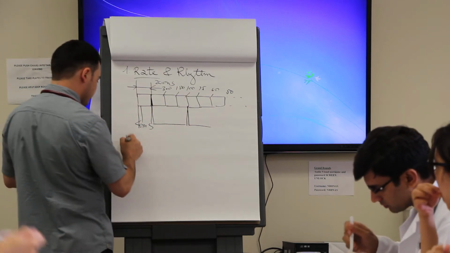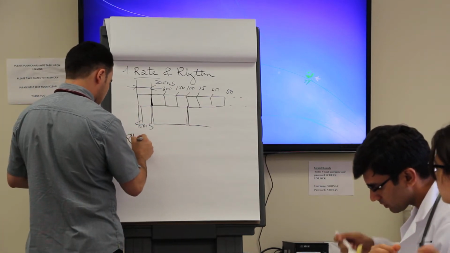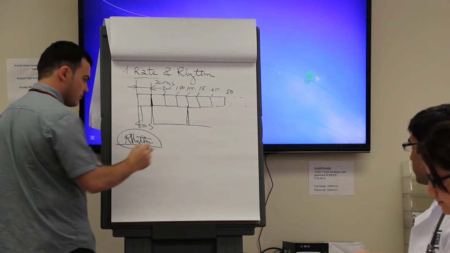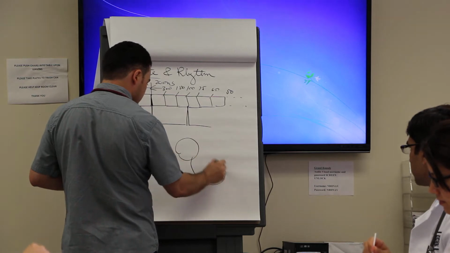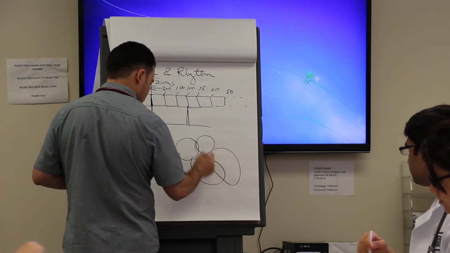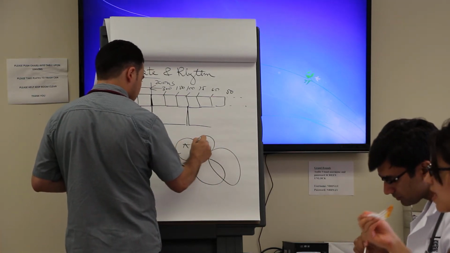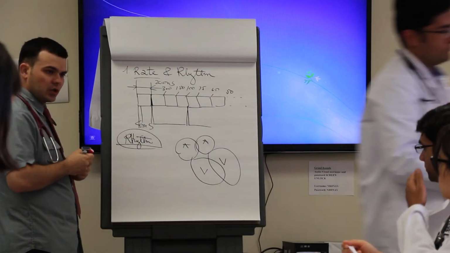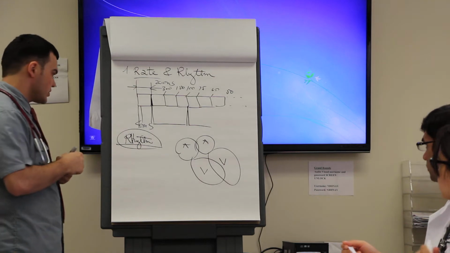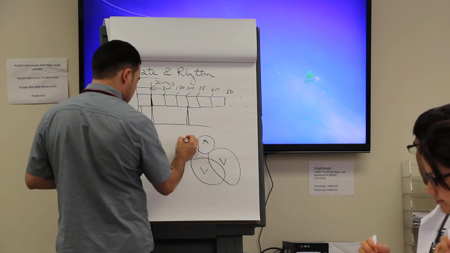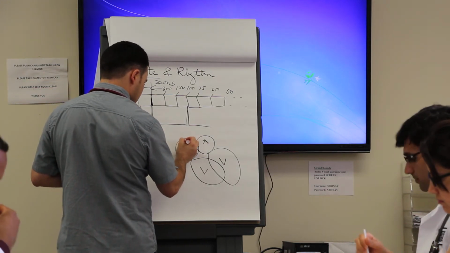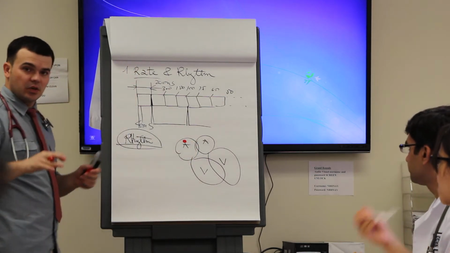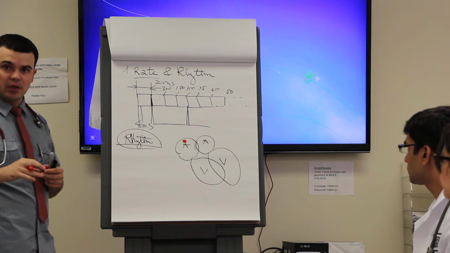Then the rhythm. Who's usually dictating the rhythm? These are atria, these are ventricles. So who's dictating the rhythm? The SA node, right? Because it fires at the highest rate, it suppresses anything else that happens around or below.